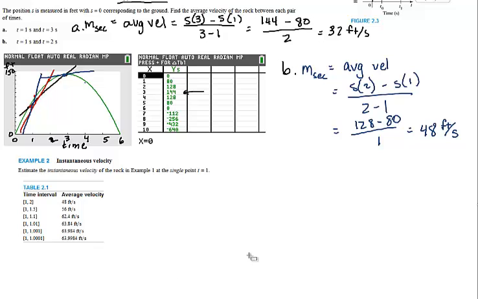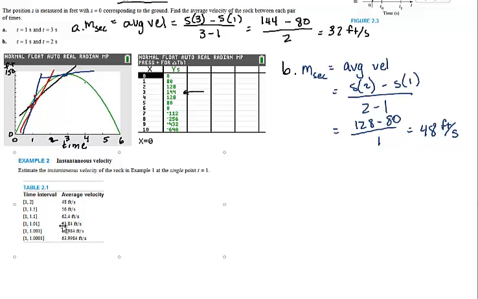In example 2, they want me to look at this velocity at this point when the time is 1 second. And they want me to estimate it. What they did was they created this nice little table here, and in this table they chose the 2 points for my secant line to be closer and closer to 1.